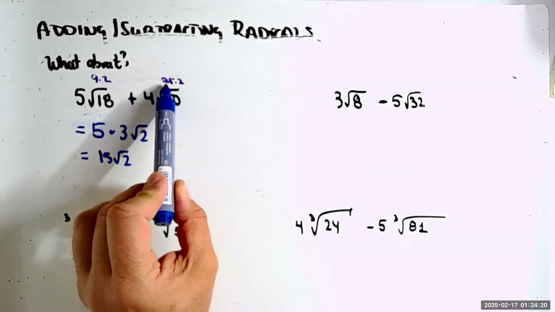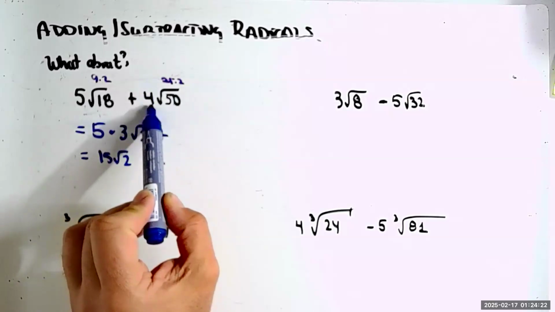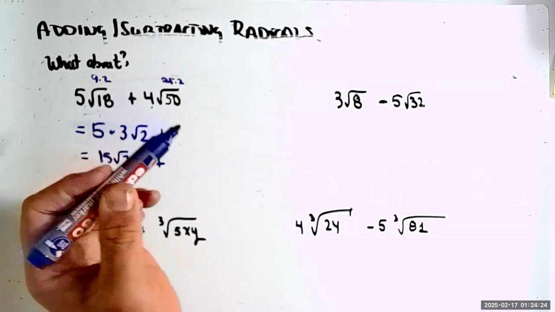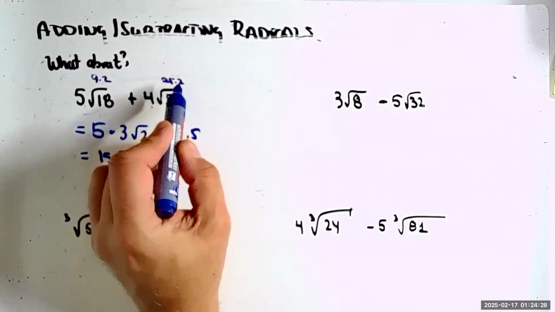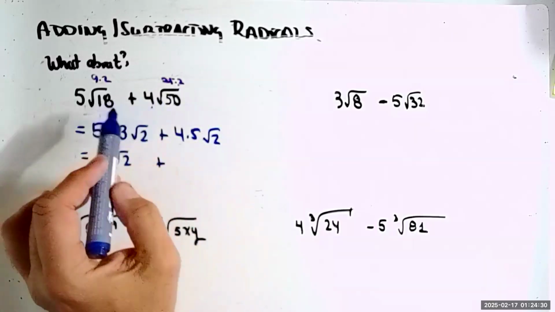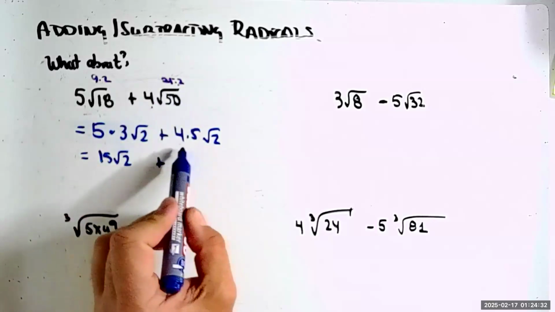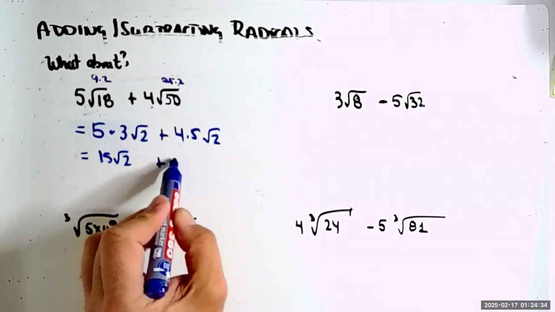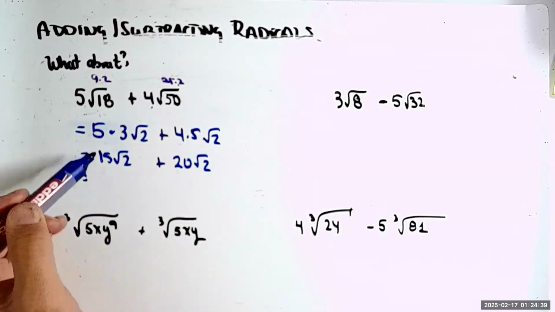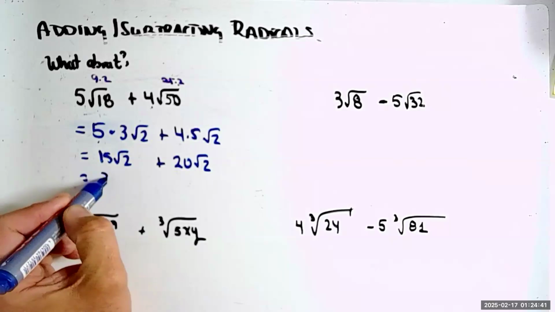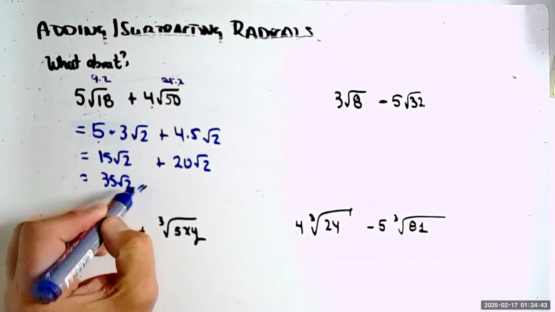The square root of 25 is 5, but that 5 multiplies the 4. 4 times 5, then the 2 stays inside because it was 50, 25 times 2. 4 times 5 is 20 radical 2. So now we can combine this. 15 plus 20, 35 radical 2, and we're done.